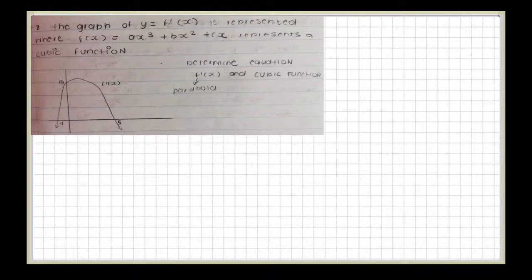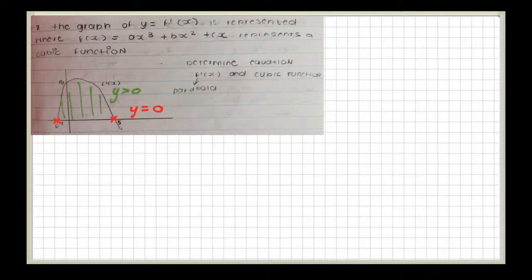First of all, I've got these 2 points or coordinates where y is equal to 0. Let's just interpret. In between -1 and 5, my y value is positive.